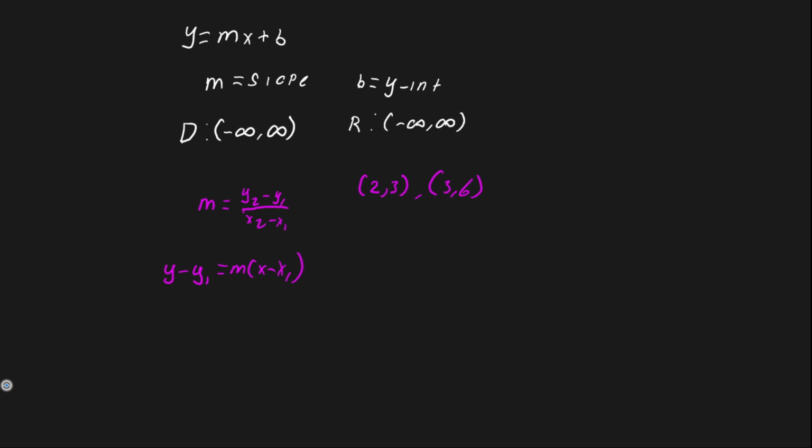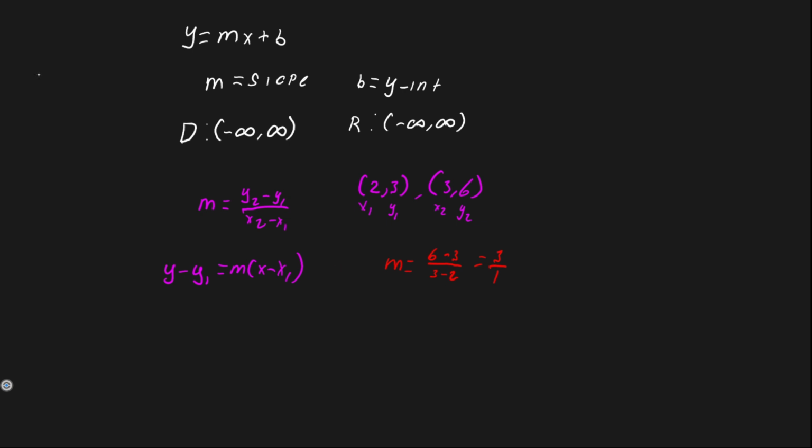So we're going to go ahead and look at x1 and y1, and this is x2 and y2. We can go ahead and plug it into the formula now, where we get m is equal to 6 minus 3 divided by 3 minus 2, where we get 3 over 1.